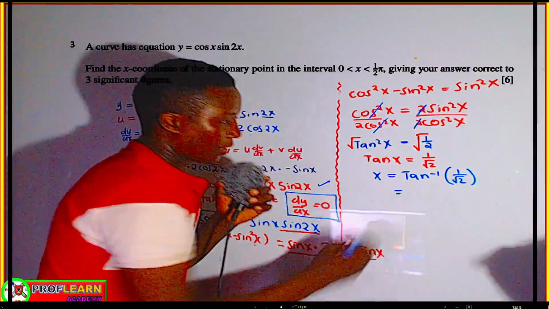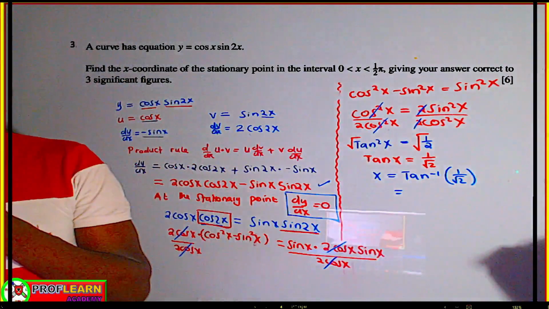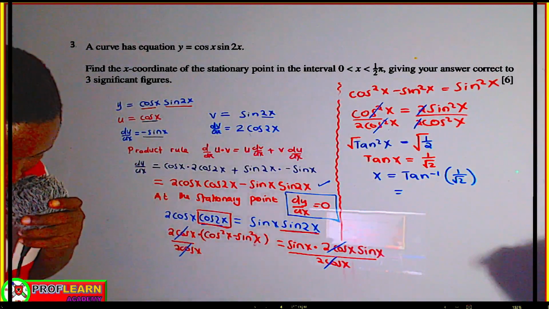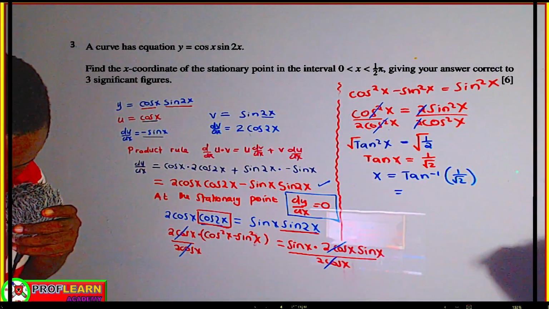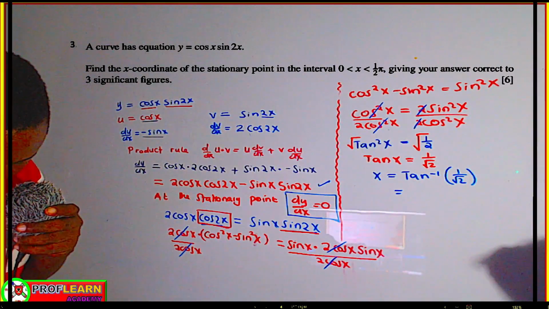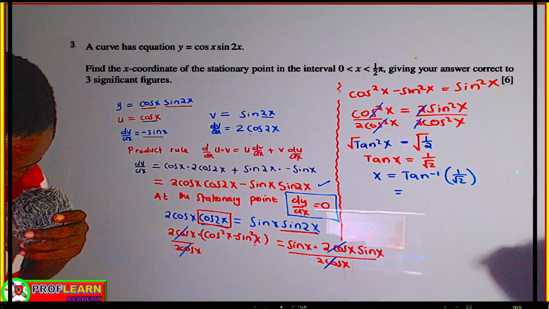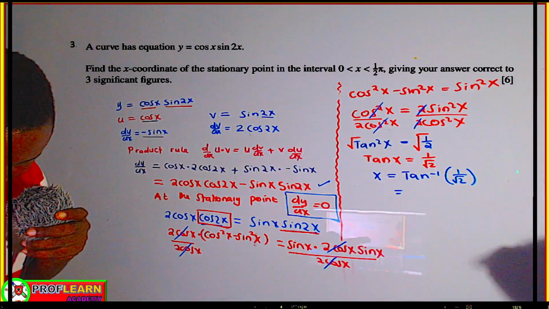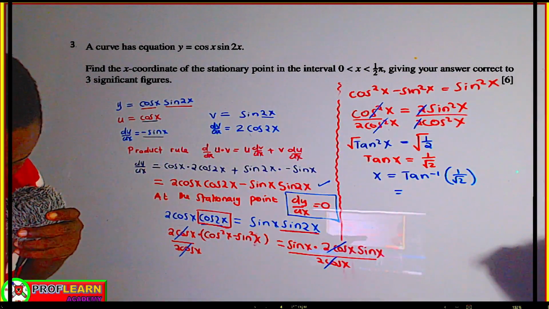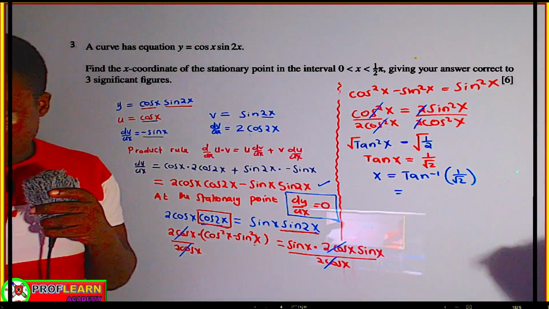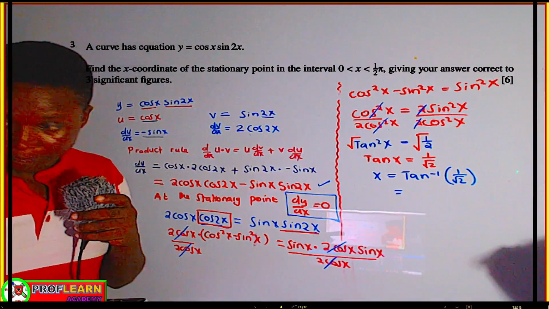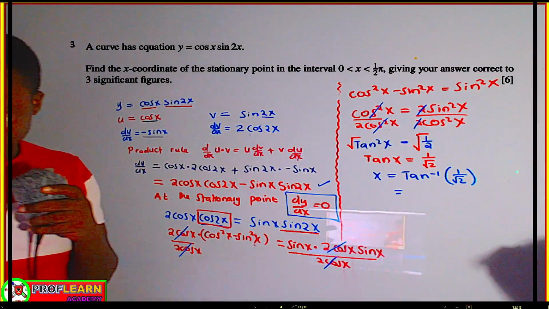And if I consult my calculator, asking what is the tan inverse of 1 over root 2, the answer I'm getting is 0.6154, and we're supposed to give our answer correct to three significant figures.